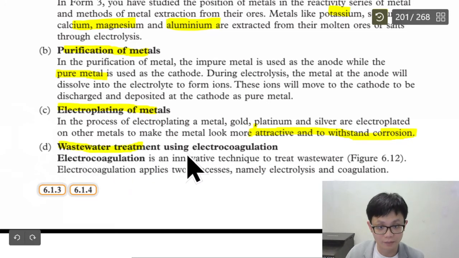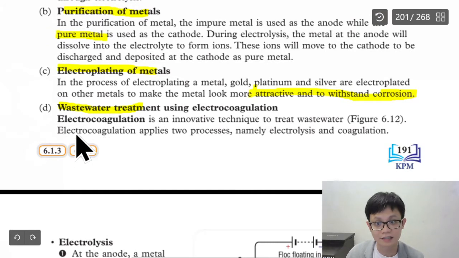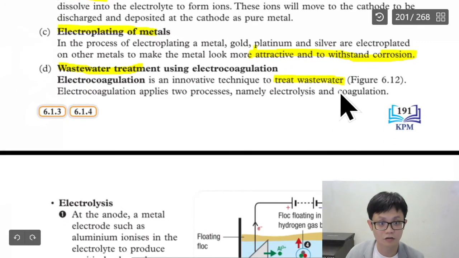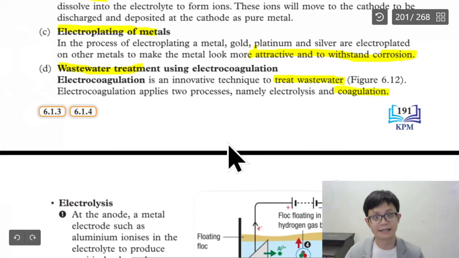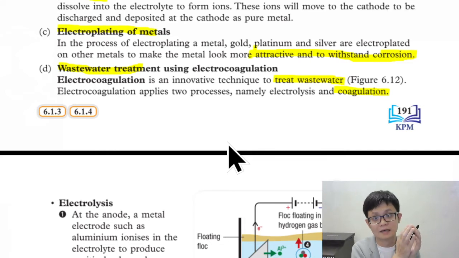And wastewater treatment. We can use electrocoagulation to treat wastewater. We can cause coagulation, which means all the dirty things will clump together, so that you can throw them away, rather than having all the sand mixed in the water.